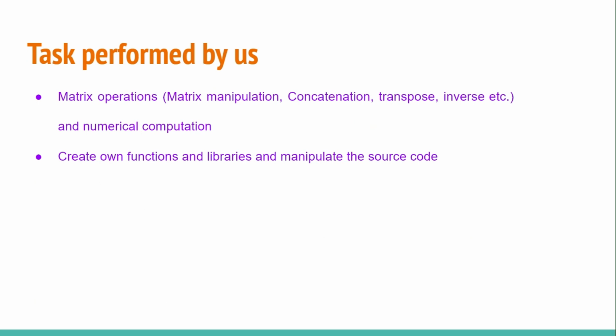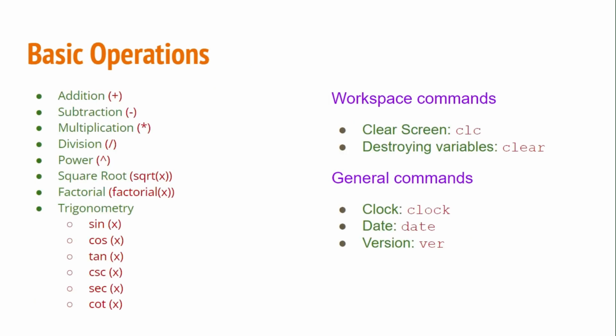We can create our own functions and libraries in Scilab, and we can manipulate the source code also because Scilab is an open source programming language. Some basic operations that we can use in Scilab are mathematical operations: addition, subtraction, multiplication, division, power, square root, factorial, and we can also use scientific operations like sine, cos, tan, cosec, sec, cot.